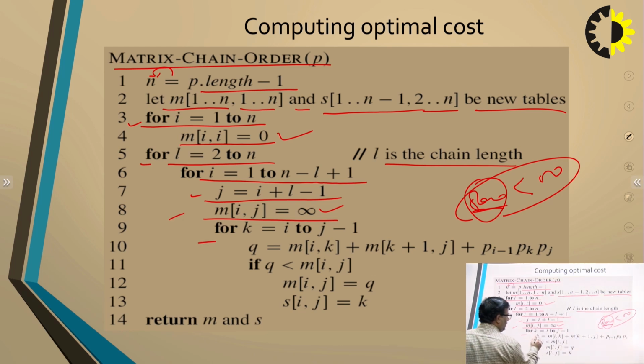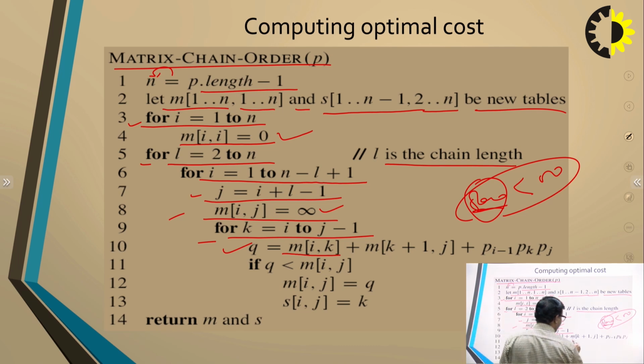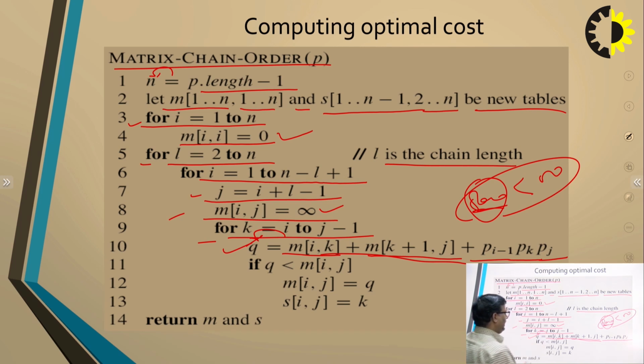Again k is equal to 1 to j minus 1, and here we will apply the formula: q is equal to mik plus m k plus 1 comma j plus pi minus 1 multiplied by pk multiplied by pj, and the whole value we will consider in q. Then we will compare the q value with the mij value. Here the mij value is infinity.